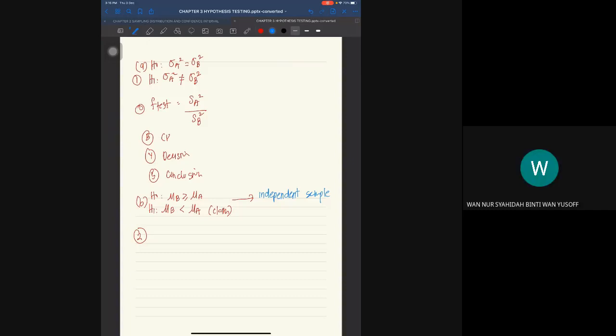In this case, sigma A and sigma B are unknown. The second condition is equal or unequal, the equality of the population variance.